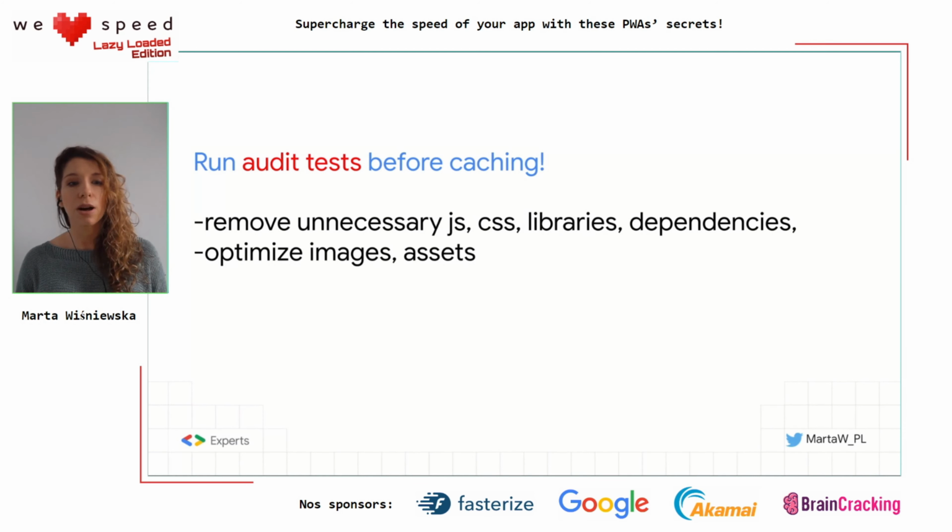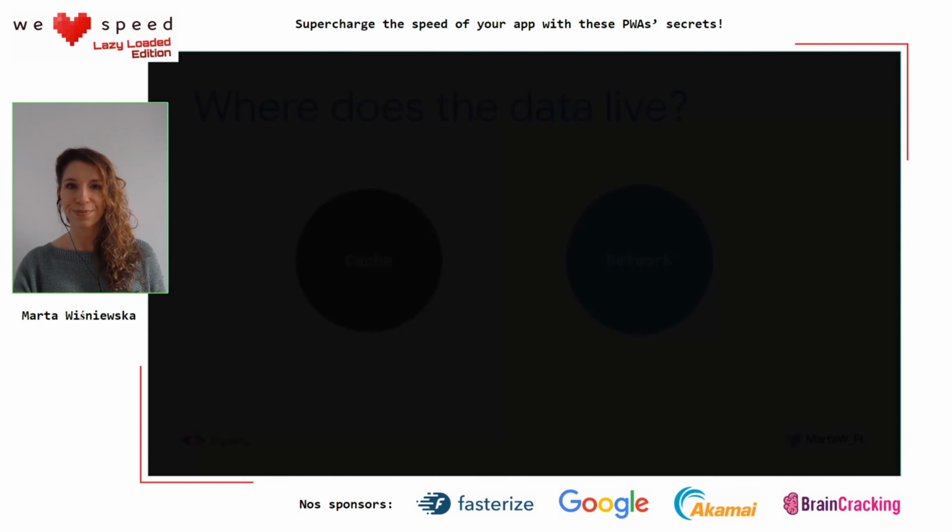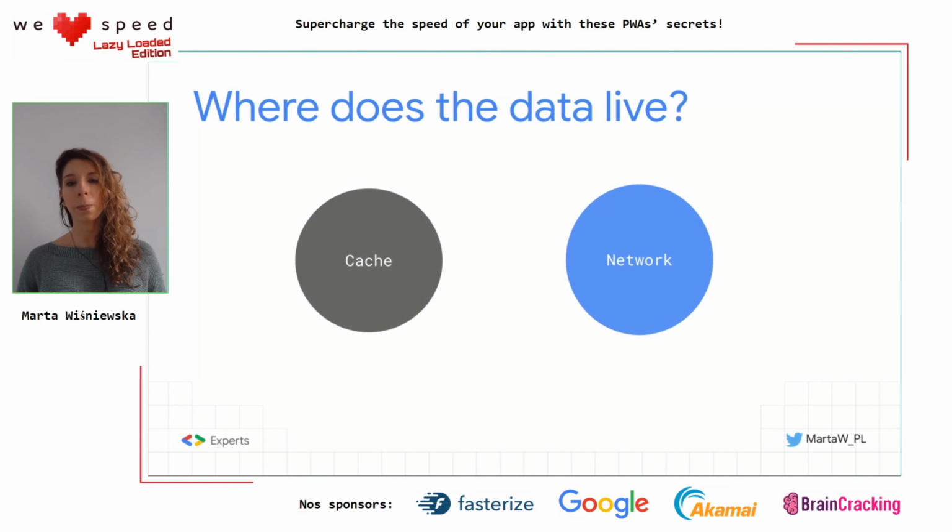And please remember to run audit tests before caching, because if your app is heavy, has a lot of JavaScript, big assets, and so on, then Service Worker won't help you. You should remove unnecessary JavaScript, CSS, libraries, dependencies, and also optimize your assets and images. It will help you to get faster apps.